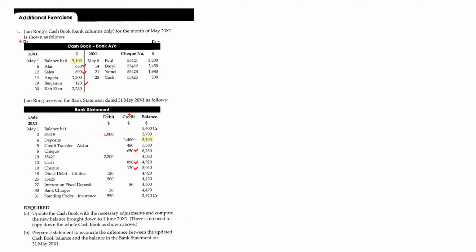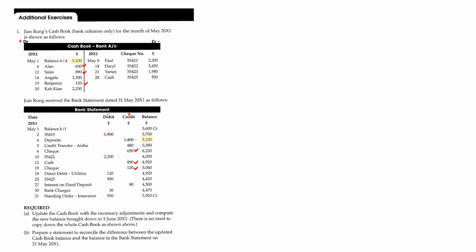And next, you compare the credit side of the cash book with the debit side of the bank statement, because as I already explained earlier on, the business and the bank have a different point of view.